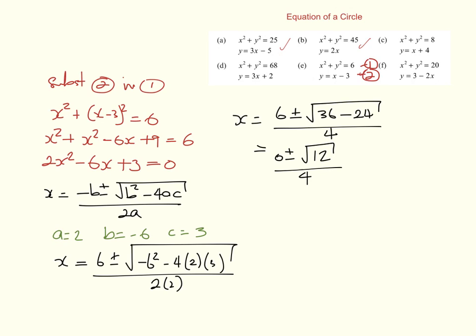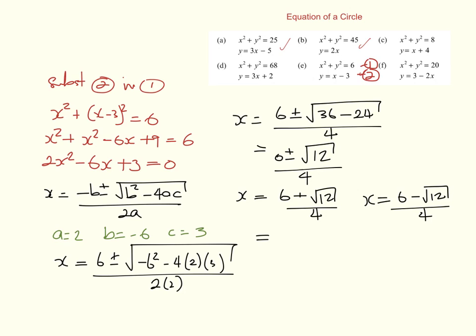So this will be your exact answers. It means one of your answers is 6 plus root 12 divided by 4, and your other answer is 6 minus root 12 divided by 4.